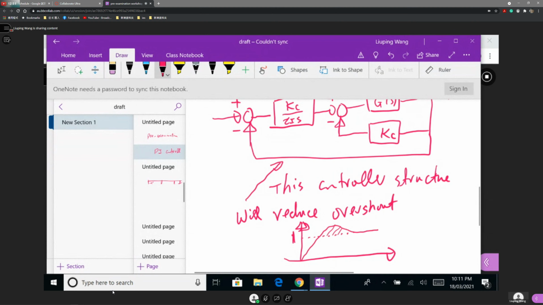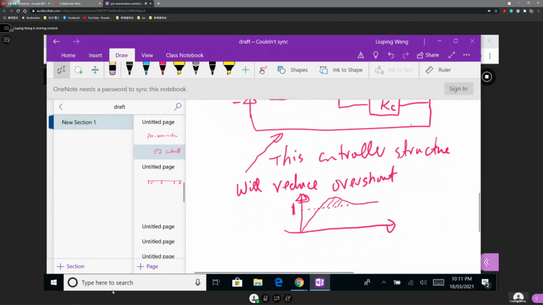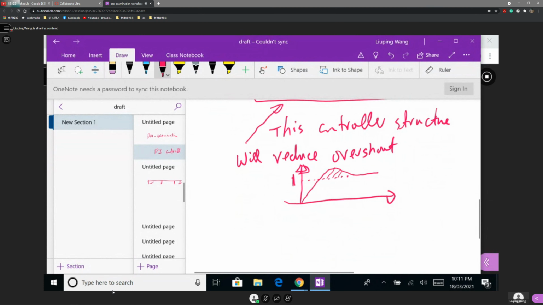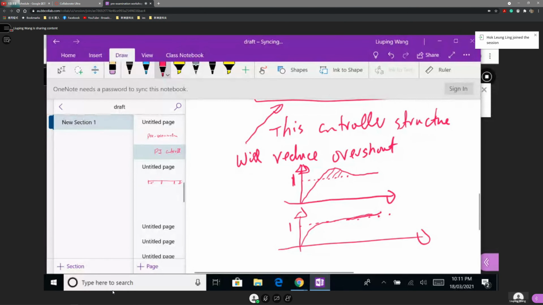This is what we call overshoot. If I use this implementation, with feedback kc on the output only, then my response is going to be like this, instead of overshooting. So this is what we mean by reducing the overshoot.